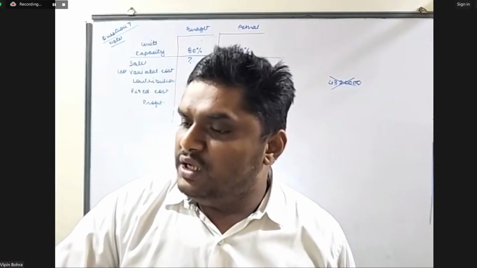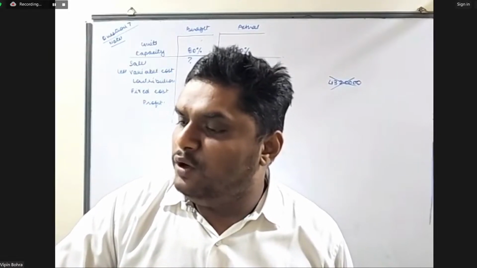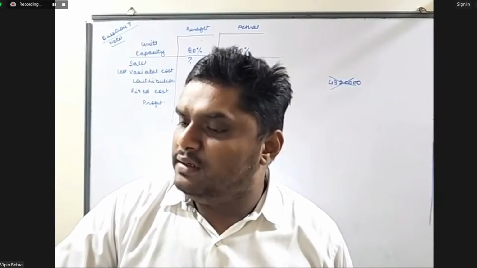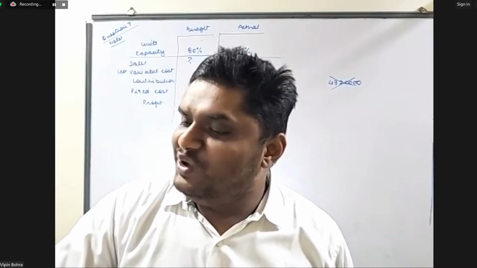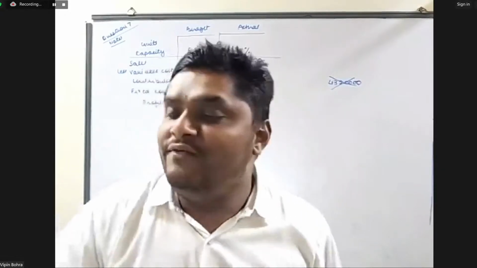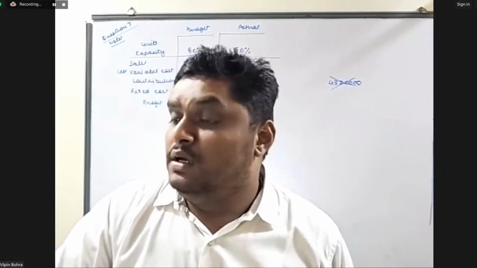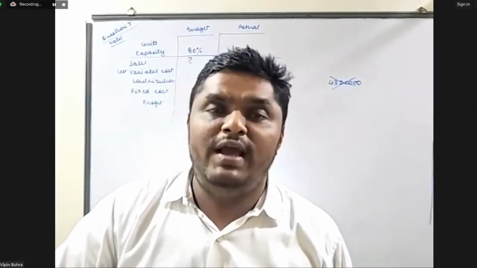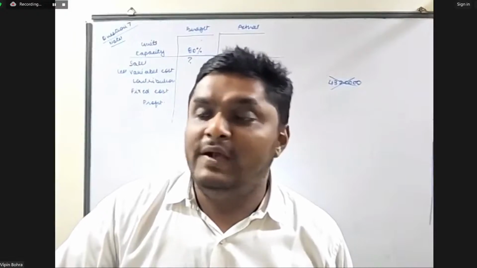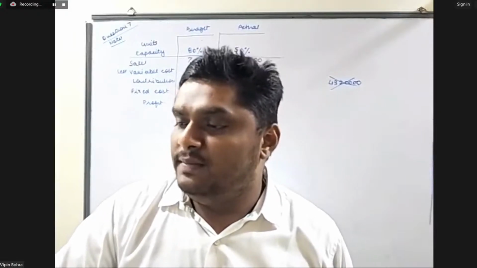Sanjana and Divya, waiting for your answers. 43,20,000 is incorrect. Prashant Kumar, your answer is also incorrect. Read the question carefully. Half of the work is done if you read the question carefully.